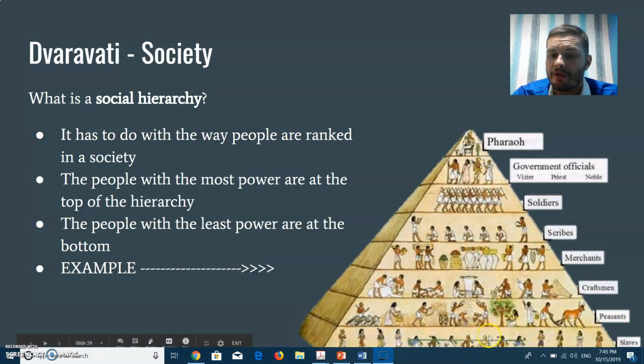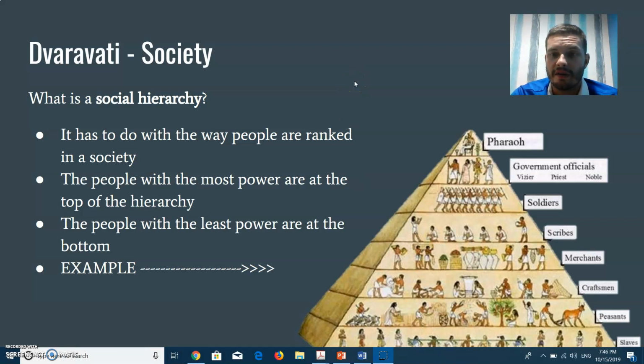So there's a whole lot of slaves at the very bottom, the lowest rung on this ladder, or at the very bottom of the pyramid. Okay, so that's how a social hierarchy works.